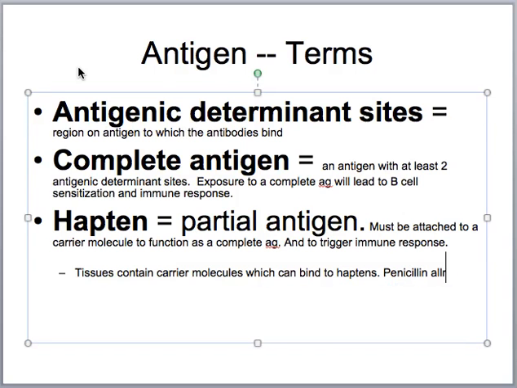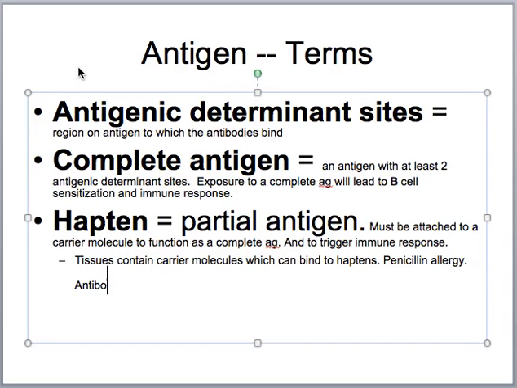So this example of penicillin allergy is an example where one's own antibodies will attack cells, your own self, normal cells.